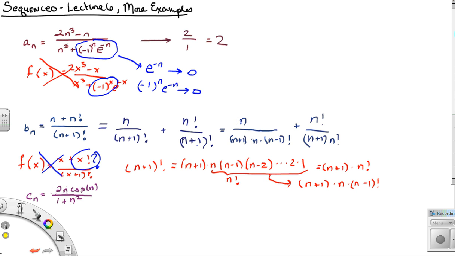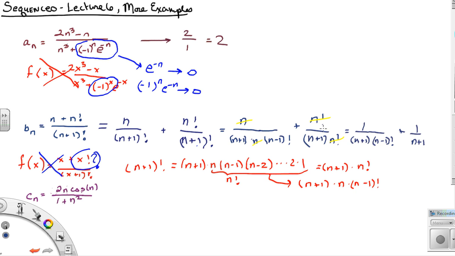That's useful because here the n's cancel, and here the n factorials cancel, right? And I get 1 over (n plus 1) times (n minus 1) factorial plus 1 over (n plus 1).